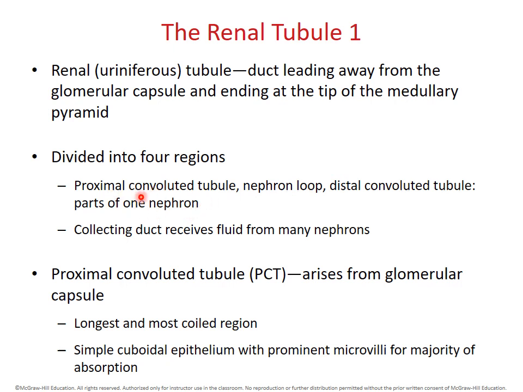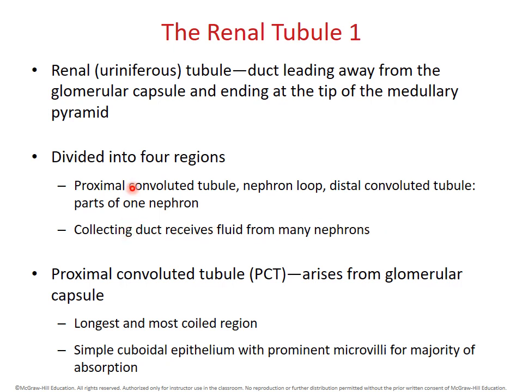And then there's a final part of the nephron called the collecting duct, and the collecting duct receives fluid from the distal convoluted tubule, but it doesn't receive fluid from just one nephron. The collecting duct is actually part of several nephrons, and so it's going to receive fluid from many distal convoluted tubules of many nephrons, and it will all join together, and it's the collecting duct that will then dive down into the medullary pyramid and make it all the way to the tip, where the urine will then leak out.